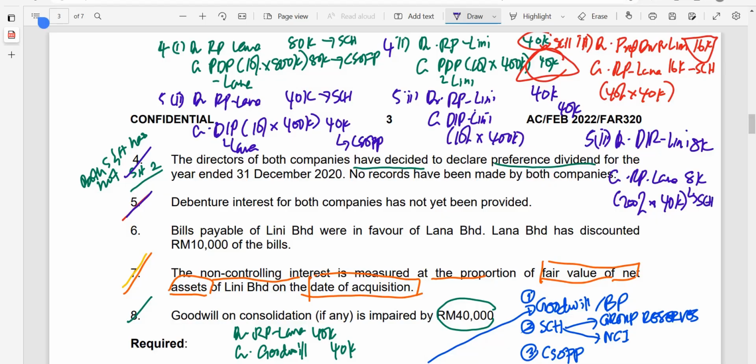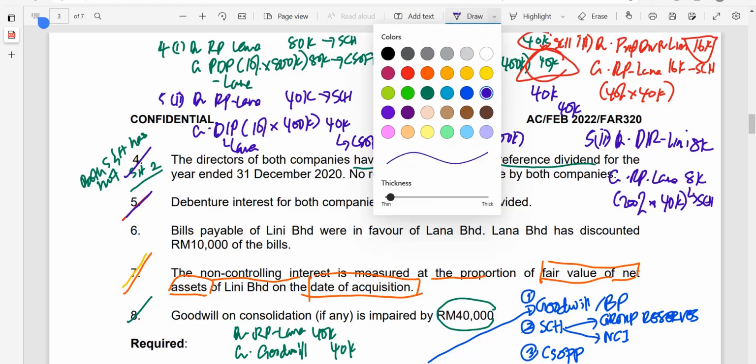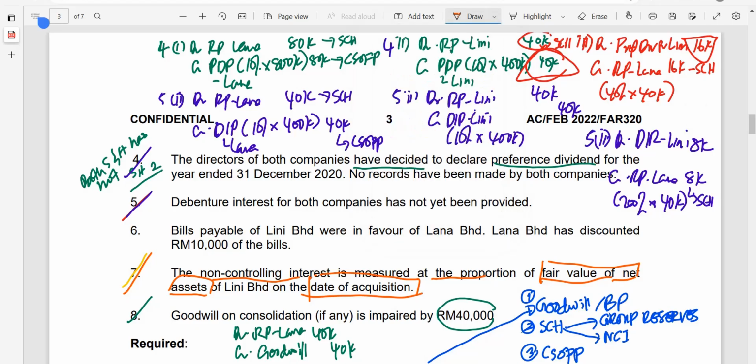Okay, this will also give impact to the consolidated statement of financial position, the one that we have already declared and also shared by the parent. I'll show that later. Now the last item, I will be doing that later, but I will be doing this first. Bills payable that were in favor of Lana. So you are informed, or bills payable of Lini.